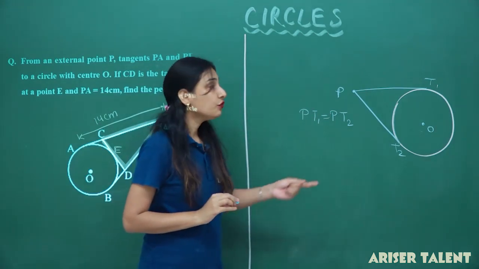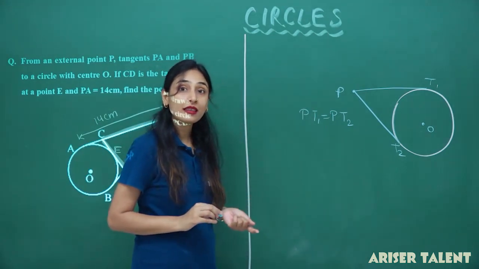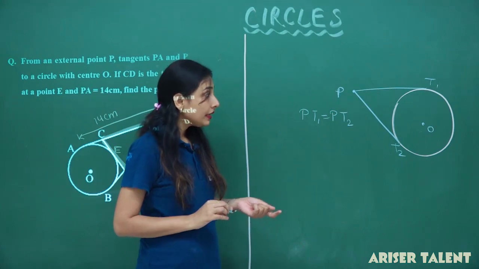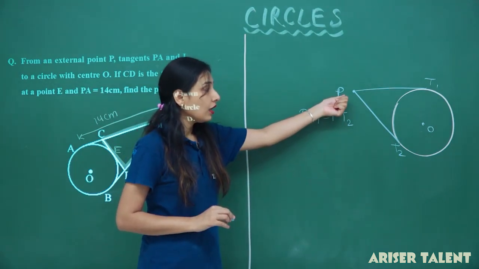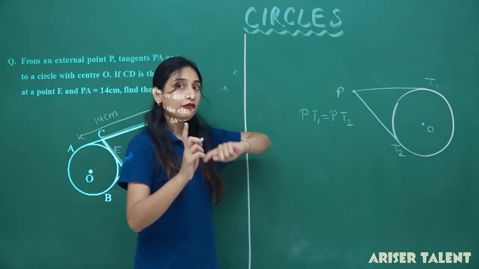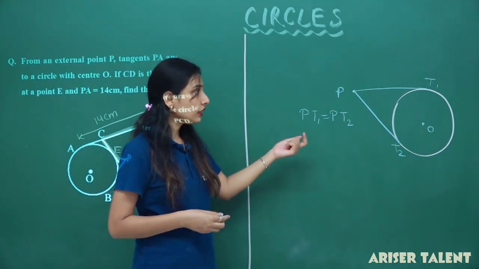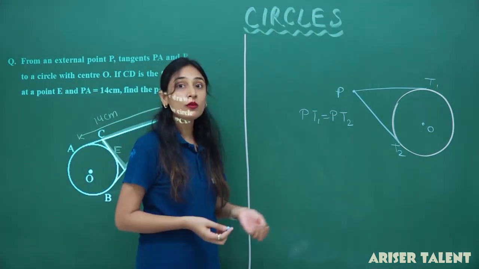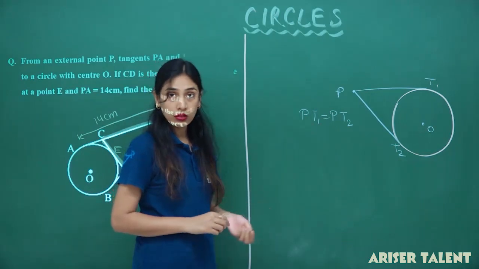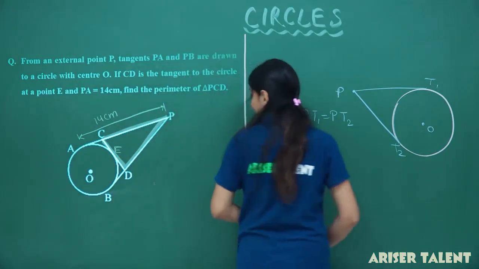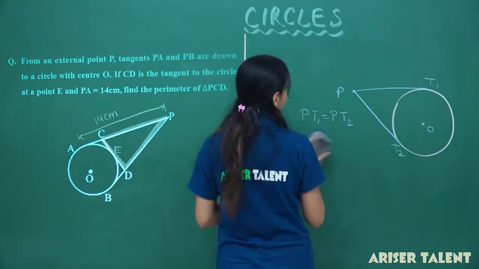I've told you, so we are going to use this concept here. Now I'll use this outside point at different locations and you need to tell me what the result will be according to this.